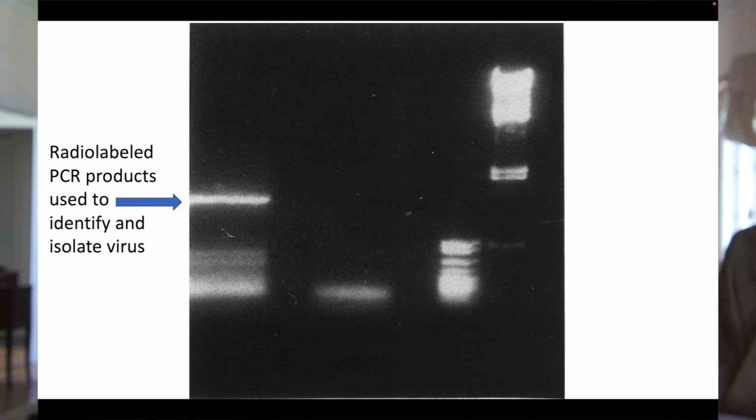This showed the results from the polymerase chain reaction performed on the positive viral culture. There were products that were amplified, shown in this band, and I could label these with radioactivity and then look for virus in the supernatant or the fluid from the viral culture.